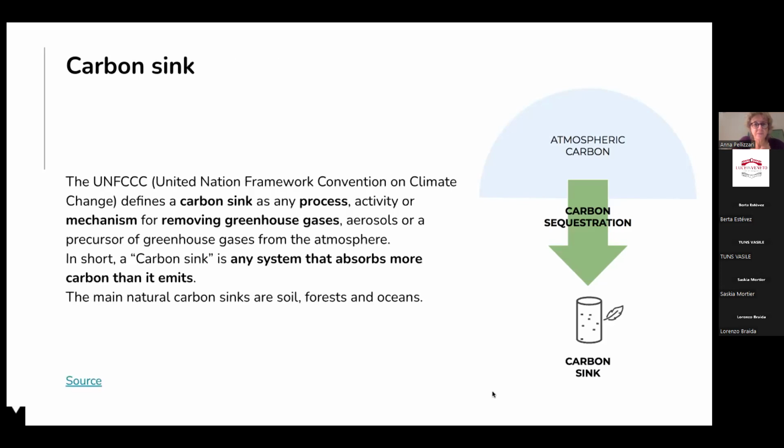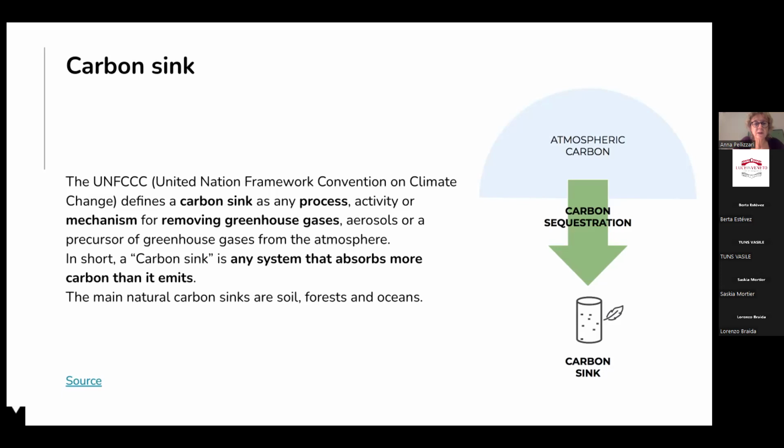So the next definition is that of carbon sink, which is any process, activity, or mechanism for removing greenhouse gases or any precursor of greenhouse gases from the atmosphere.